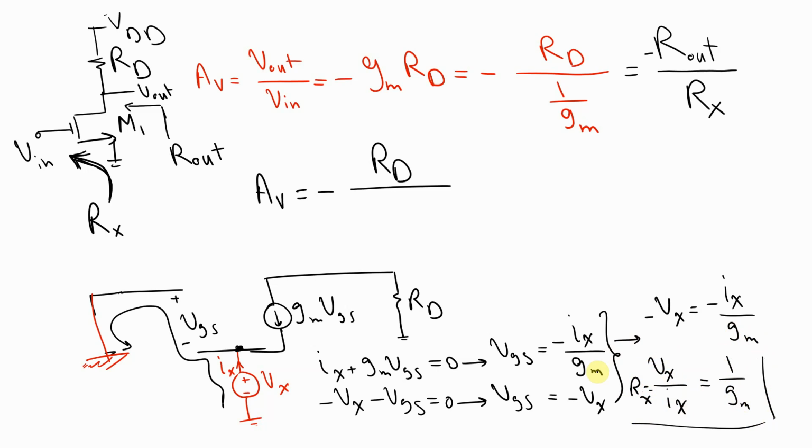This is an important formula, and you have to keep it in mind when you look at the transistor from the source of the device. When calculating the resistance, this resistance equals 1 divided by gm. So this is the gain for this amplifier, and this is how I'm going to calculate this.